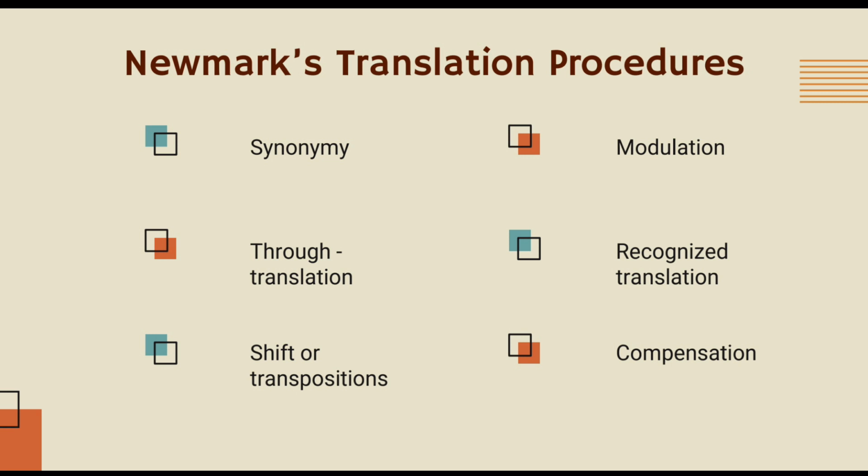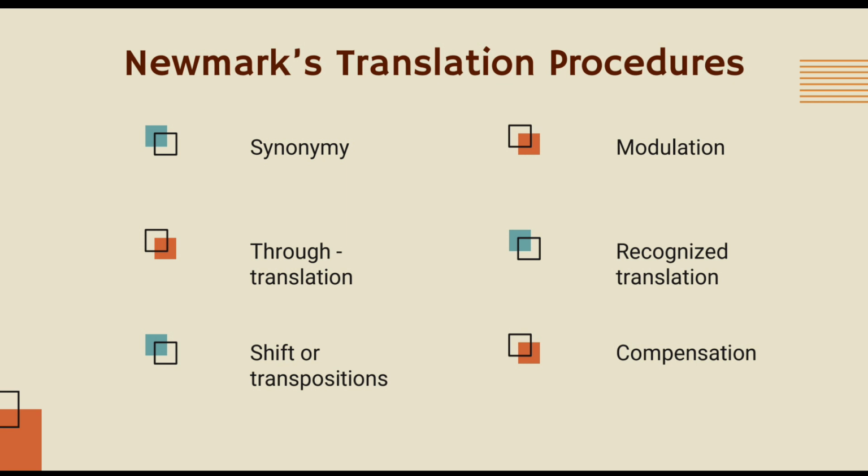since the SL and the TL may appear dissimilar in terms of perspective. 11. Recognized translation. It occurs when the translator normally uses the official or the generally accepted translation of any institutional terms. 12.